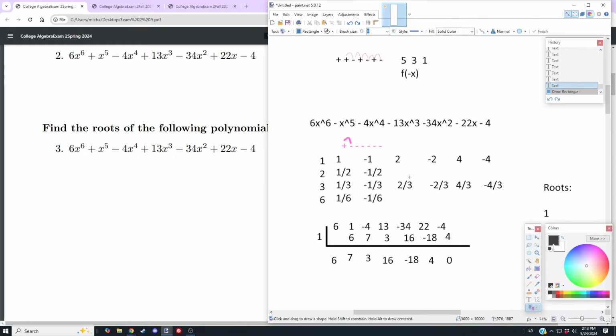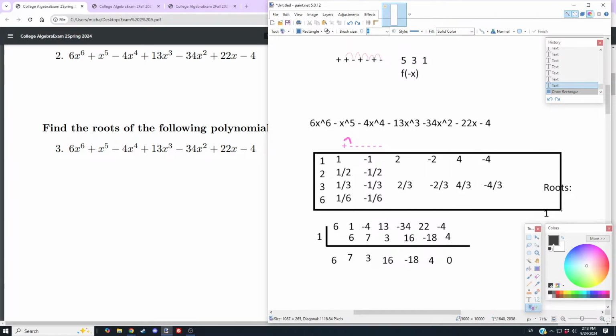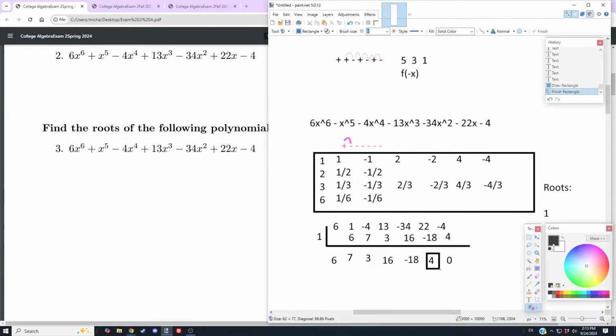However, we already created our number sieve. All we have to do is check to see, do the things on this number sieve still apply? So we check 1, -1, 2, -2, 4, -4. Are those factors of the constant here? The answer is yes. So those are all still good.